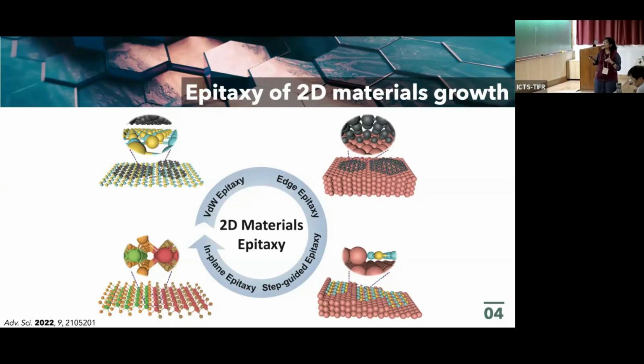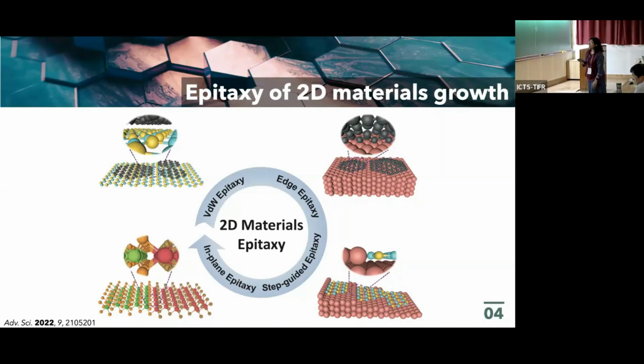Depending upon the direction or the symmetry of the metal, that will decide the growth direction and the morphology of the grains that are growing. This arises because of the edges, and that is why it's termed edge epitaxy.